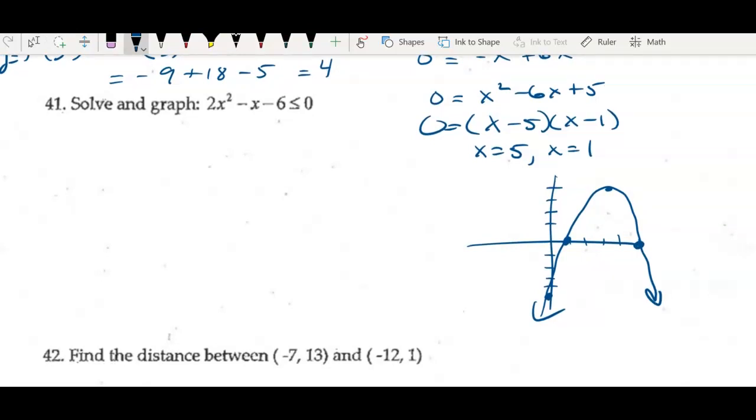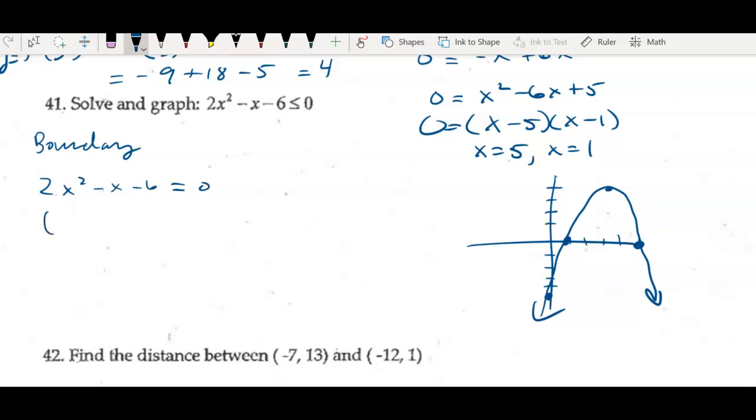To solve and graph this next one, we're not graphing the parabola. We're just graphing the solution on a number line. So for this particular problem, you need your boundary line. In other words, set it equal to 0 first and solve it.